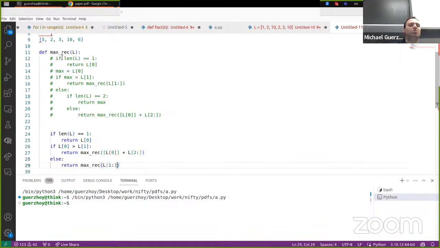Otherwise, we leave out L at 0 because L at 0 is definitely not the maximum. And this is mathematically correct. In the same way that a to the n is equal to a to the n minus 1 times a, the maximum of a list is either the maximum of the rest of the list if L at 0 is definitely not the maximum, or the maximum of the list without L at 1 if L at 1 is definitely not the maximum.